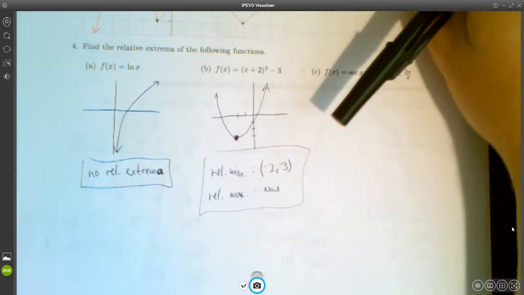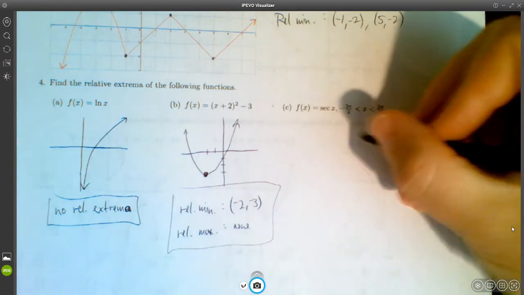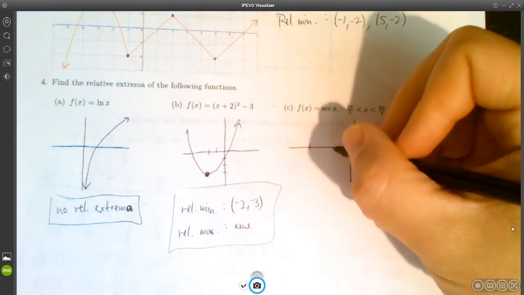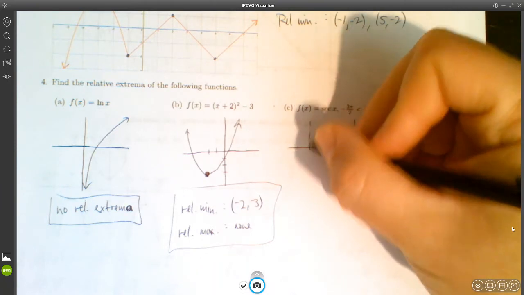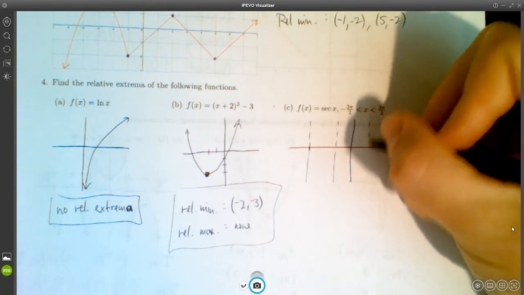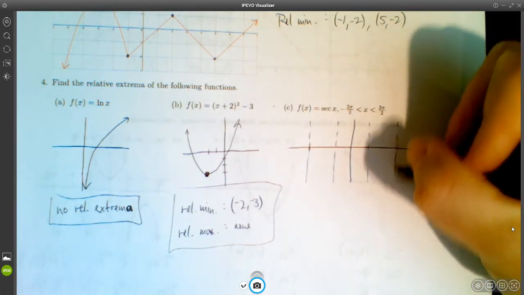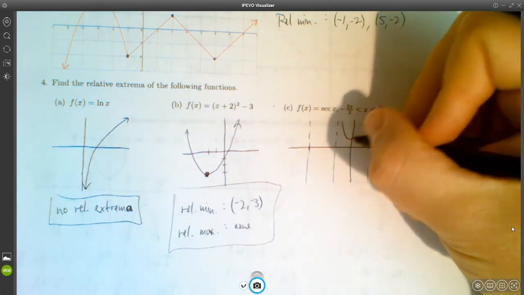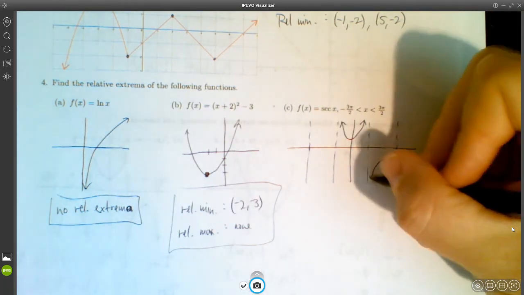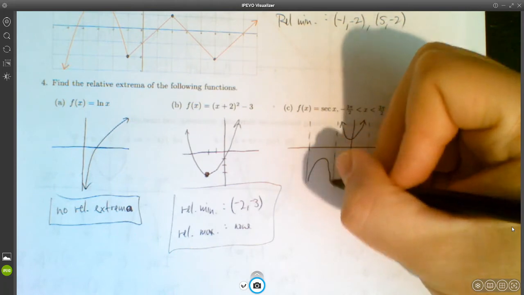Okay, and then we have our old friend, the secant function. Let's sketch this quickly. So an asymptote, asymptote, asymptote, asymptote, and we said it went like this, and like this, and like this.